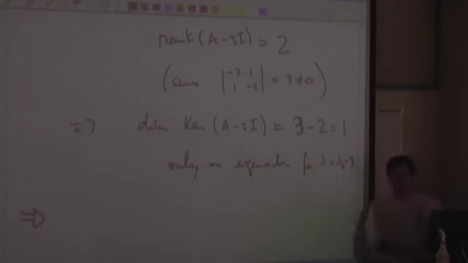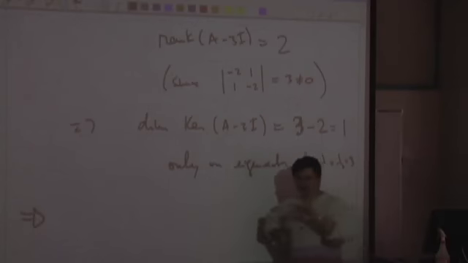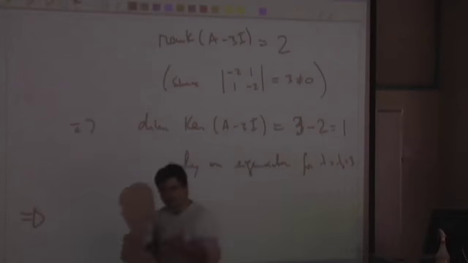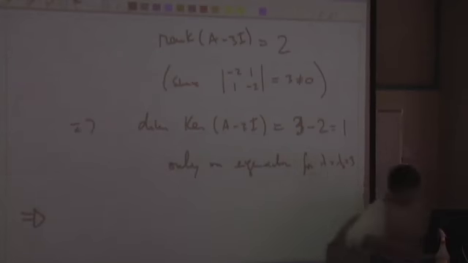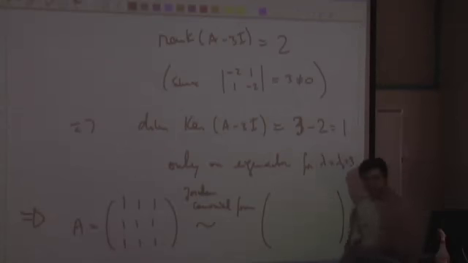So I said that's the key. Finding the number of linearly independent eigenvectors is the key to figuring out what the canonical form, and it's called Jordan canonical form, should be. So we said this last time.